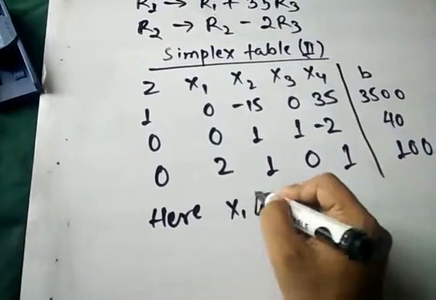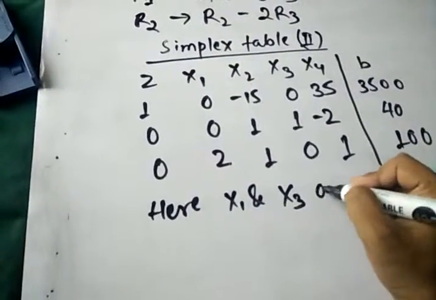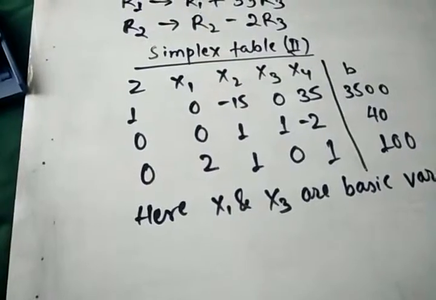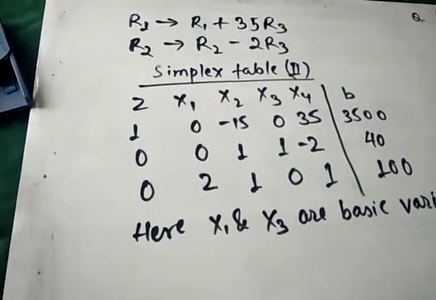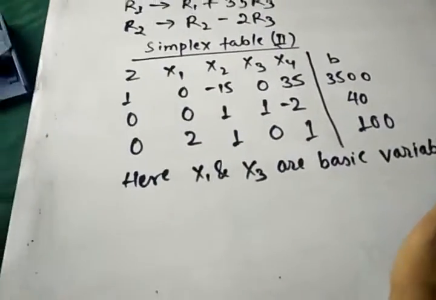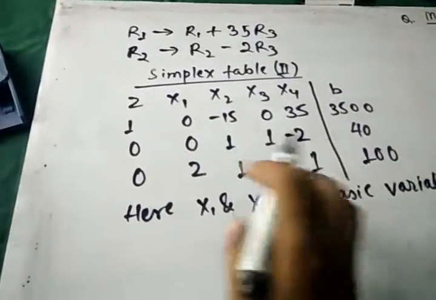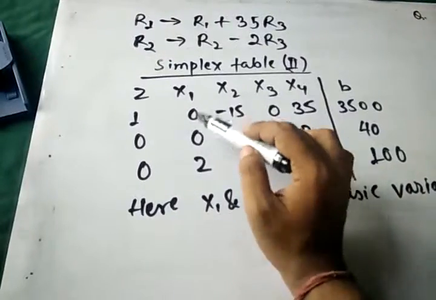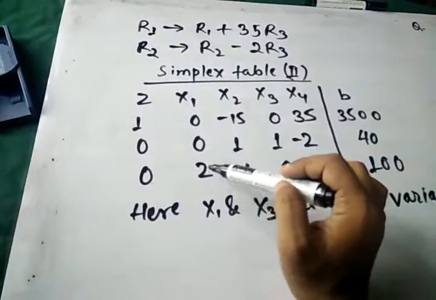Now here x1 and x3 are basic variables, because the other elements are 0. Only one element is not 0.